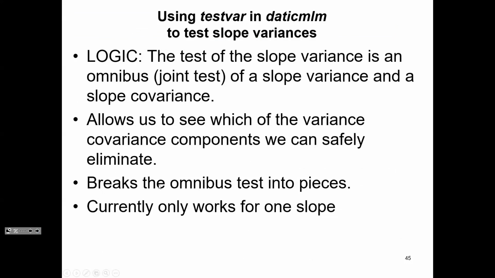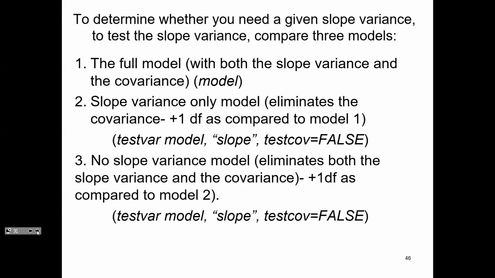The nice thing about the Datic MLM procedure is it's the only one that I know of that actually takes into account this mixture of chi-squares. The ANOVA and the RANOVA stuff that we're going to talk about aren't making this distinction. But again, you can use something that doesn't make this distinction as long as you are thoughtful about what happens between 0.05 and 0.077.